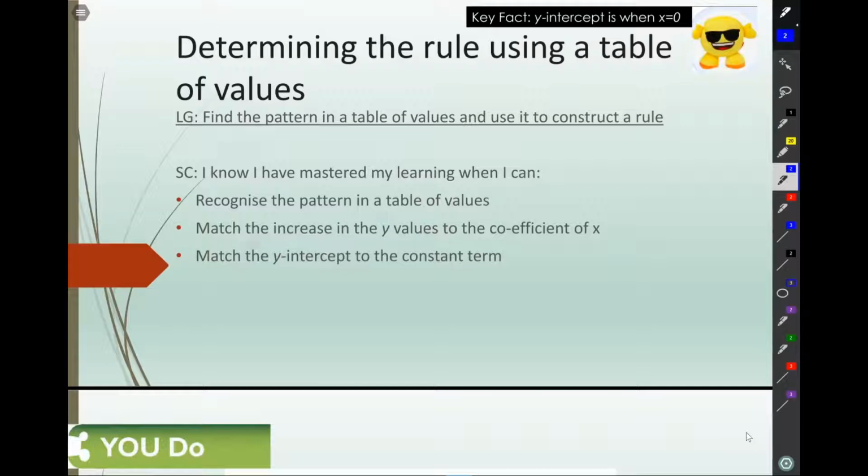Hello everyone. In this lesson, we're going to be looking at almost the reverse process of what we've been doing. We're going to be now starting with a table of values, and we're going to look for a pattern and use it to construct a rule that looks something like this.